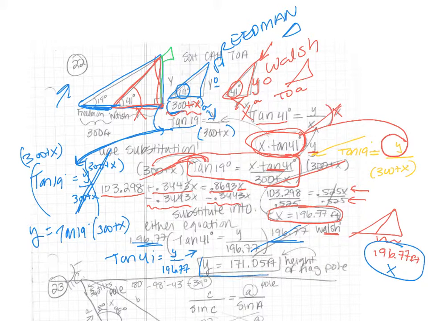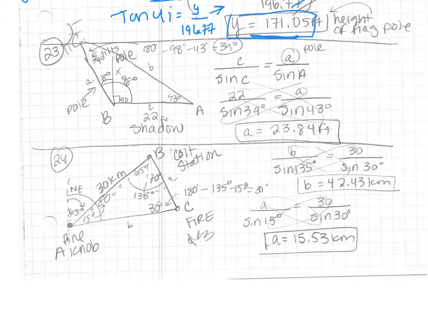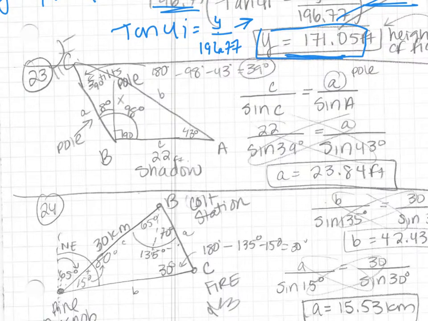So y, which is the height of the flagpole, is 171.0 feet. So that's the height of the flagpole. And Friedman's distance from the base of the flagpole would be 300 plus 196.77 if asked that.